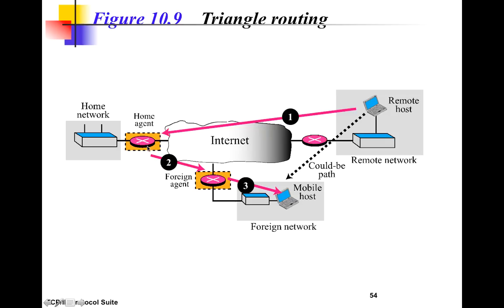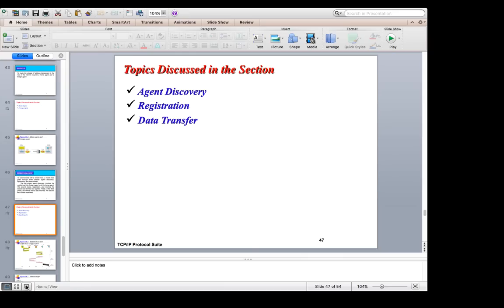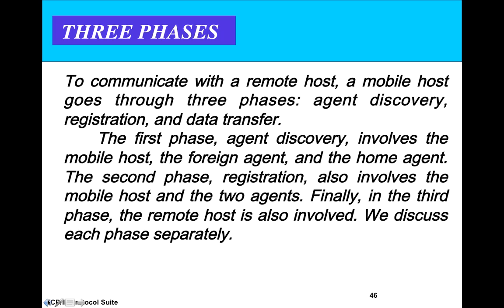So this is forming like a triangle, okay? That's why it is called triangular routing. This is also a problem because the packet is traveling more distance, so there will be more delay in the network.